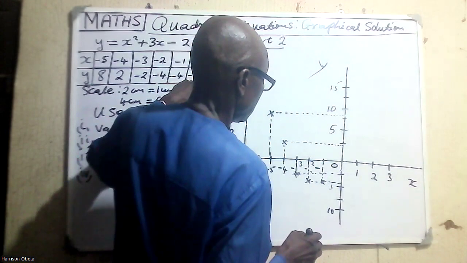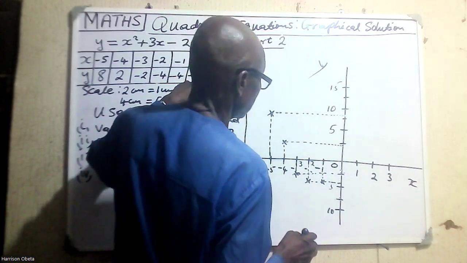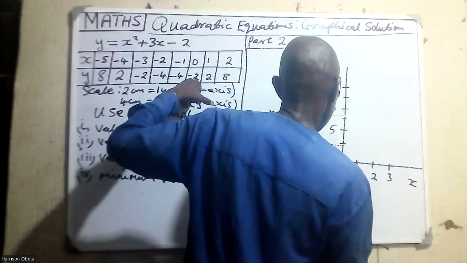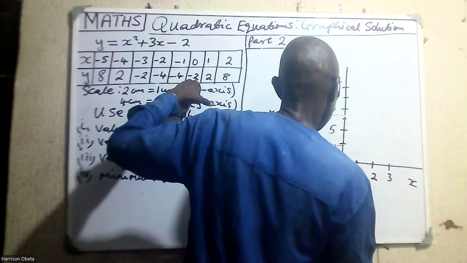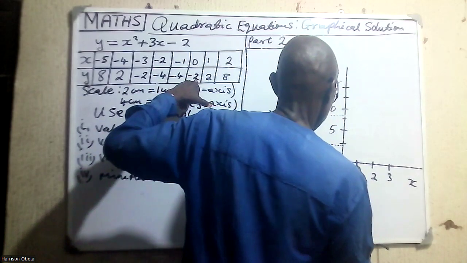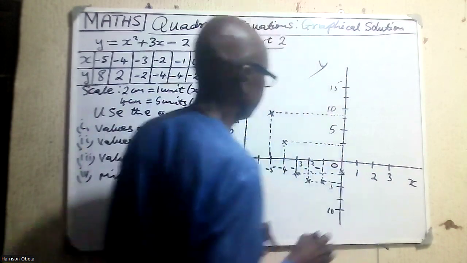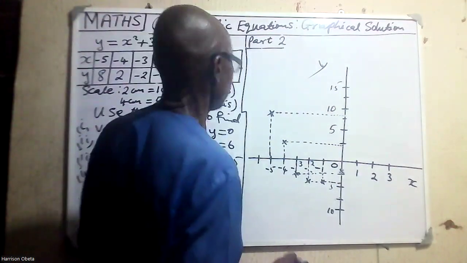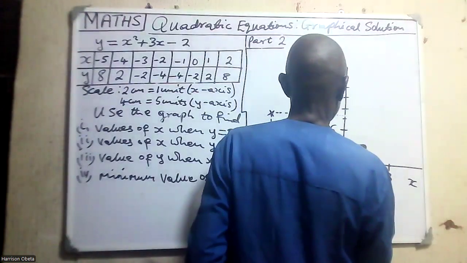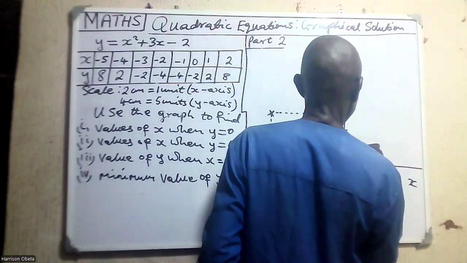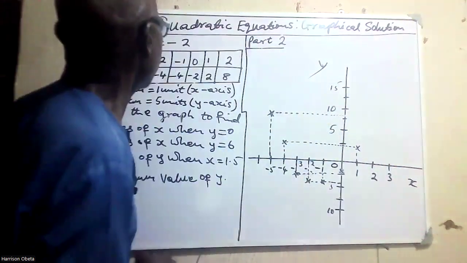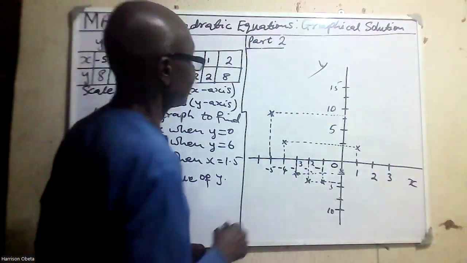That should be here now. I think it's still the same thing. Yes. Minus 2 is here, so it's exactly here. Okay. Then, when x is 1, y is 2. That should be here. And when x is 2, y is 8.